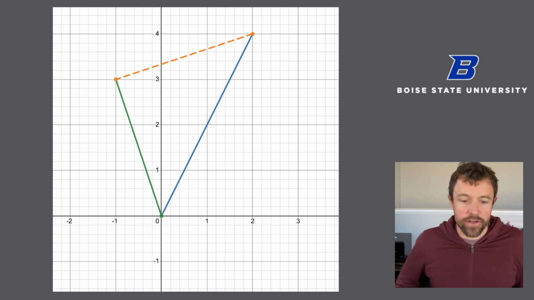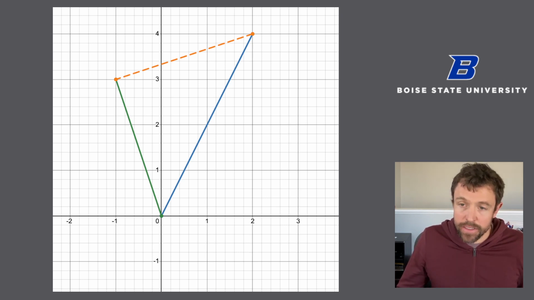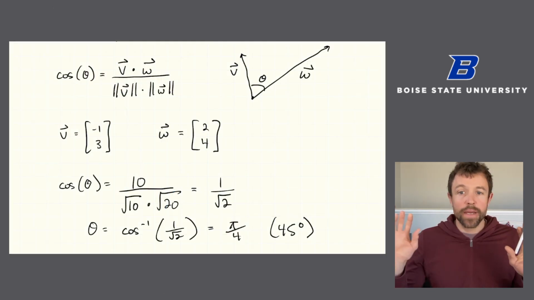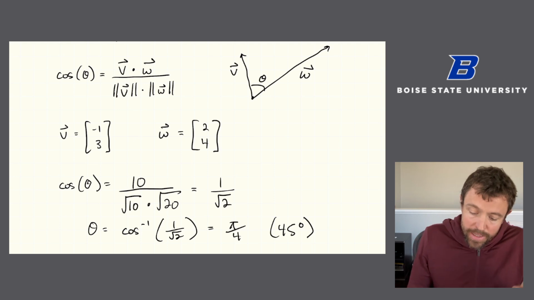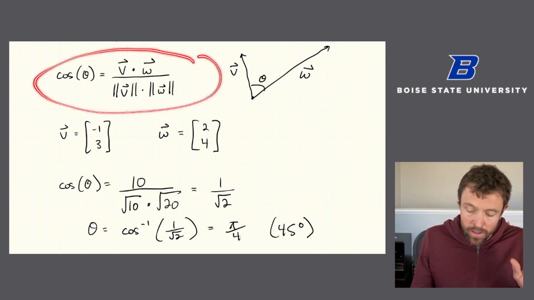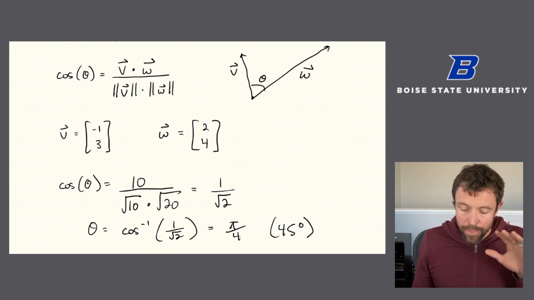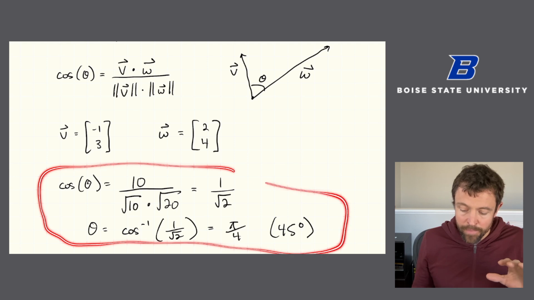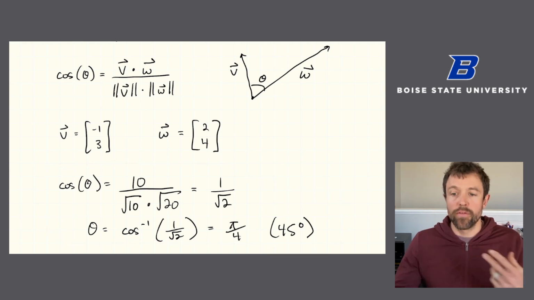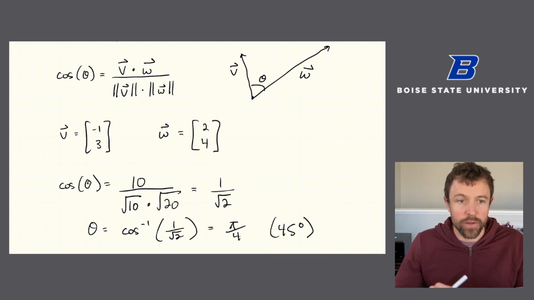This is a 45-degree angle, but we didn't need the geometry. And in fact, and this is important, we didn't need the picture. We calculated the angle between these vectors. We didn't use this picture. It's there, but we just applied a formula, which is good because as we move to higher dimensions, we won't be able to visualize exactly what's going on.